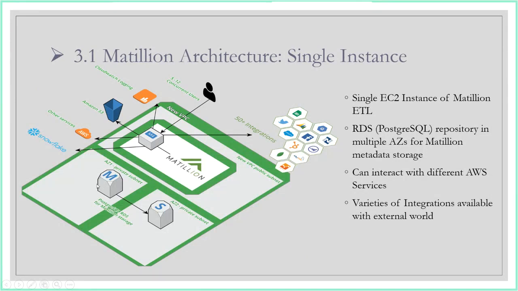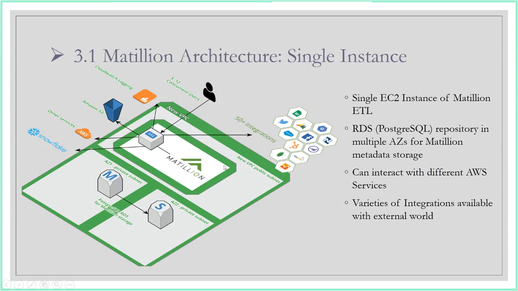One is in one availability zone, and the second is in a second availability zone. These are kind of master and slave, just for backup purposes. All the metadata which Matillion stores internally for its purpose is stored in a PostgreSQL RDS database, and it has connectivity from this, right?